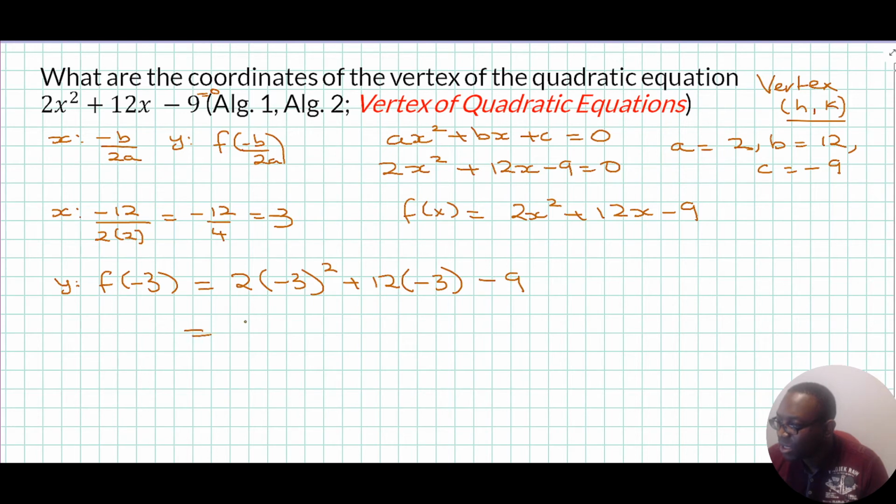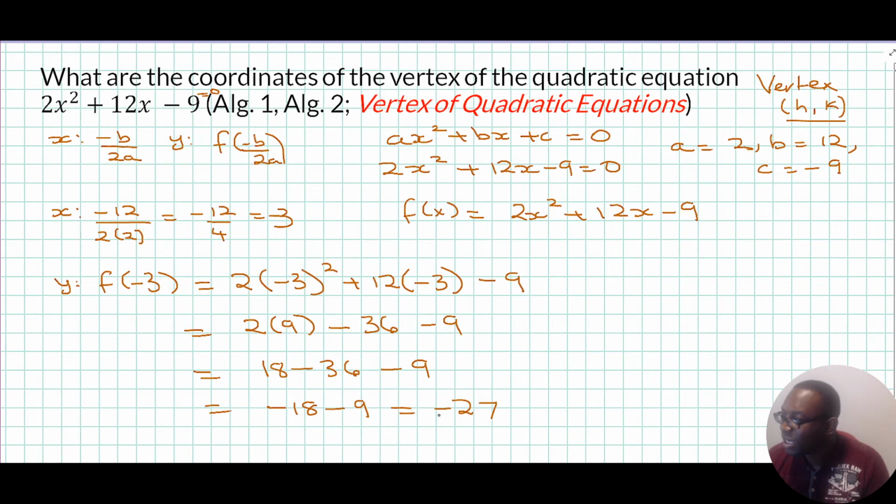So this is going to be 2 multiplied by 9 minus 12 multiplied by 3 is 36 minus 9. So this is going to give us 18 minus 36 minus 9. When you solve this, PEMDAS, we start from the left to the right. Negative 18 minus 9, which is going to be equal to negative 27.